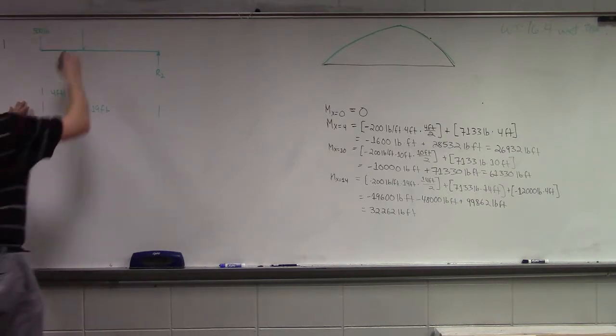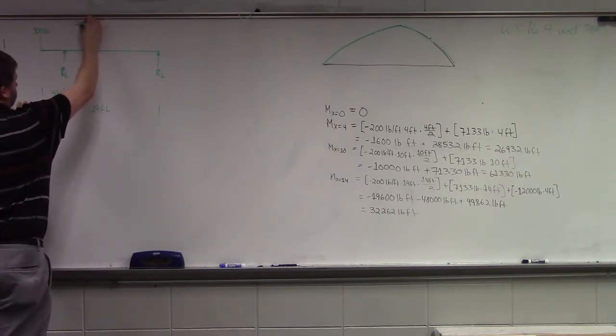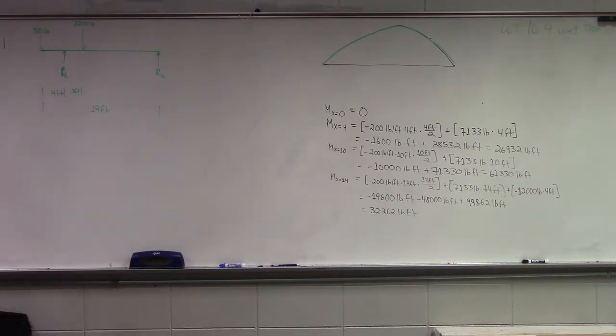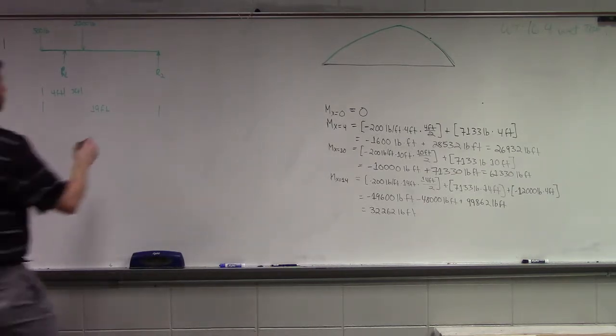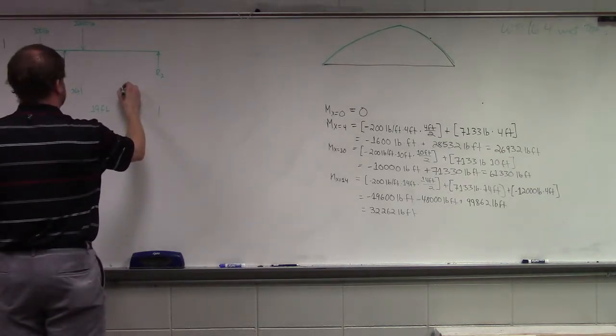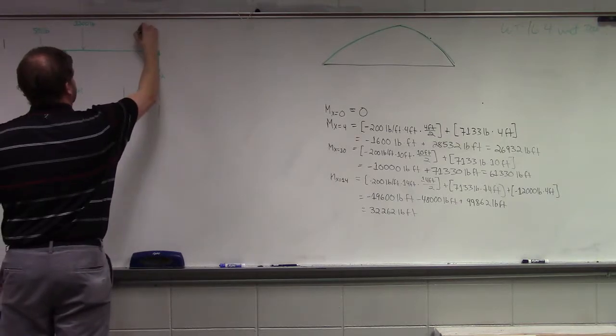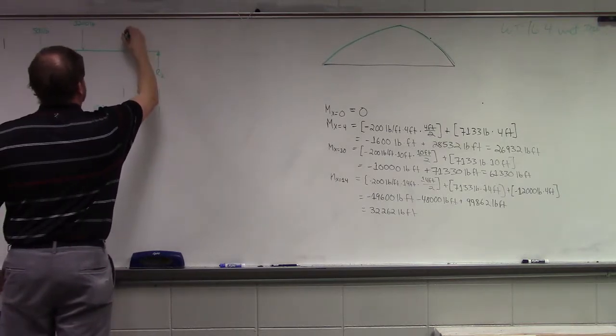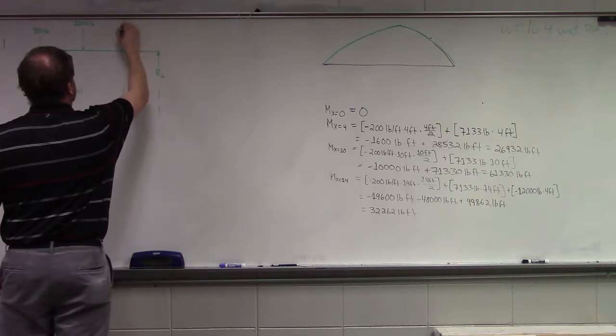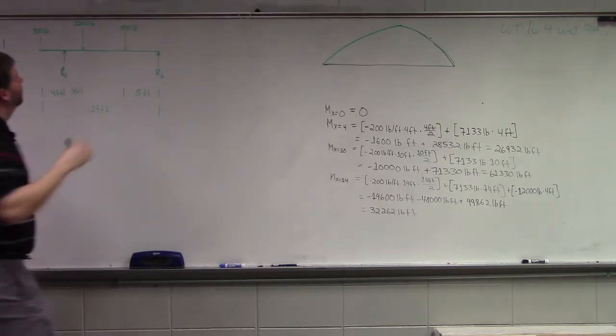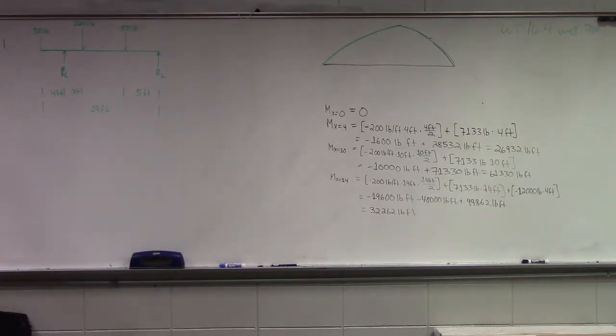Then 5 feet from R2, come back 5 feet, you have an 800-pound load. So 7 feet in between the two.